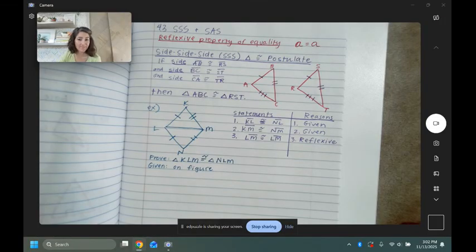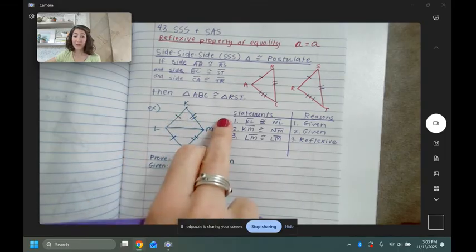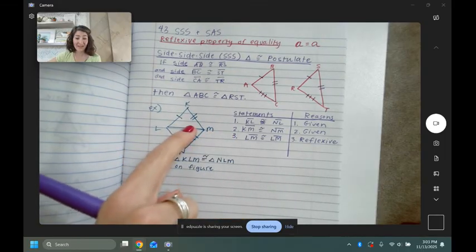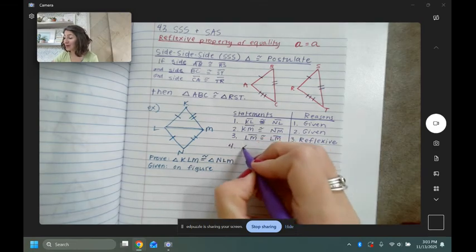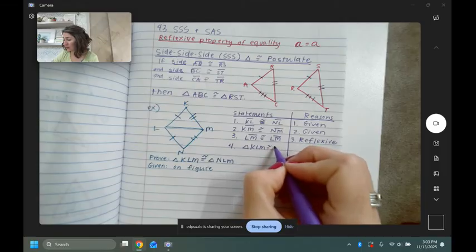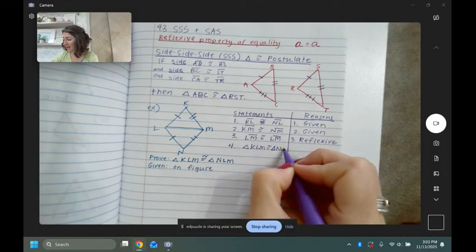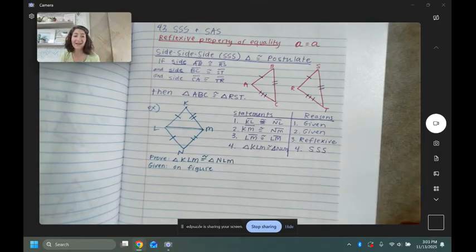Now, I have proved all 3 pairs of lines in both triangles are congruent, so I can now conclude that triangle KLM is congruent to triangle NLM because of the side congruence postulate. All right, next.